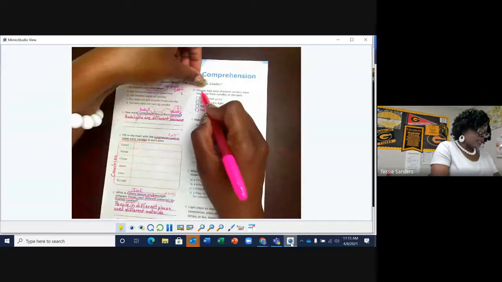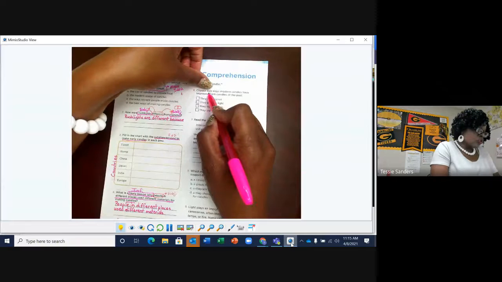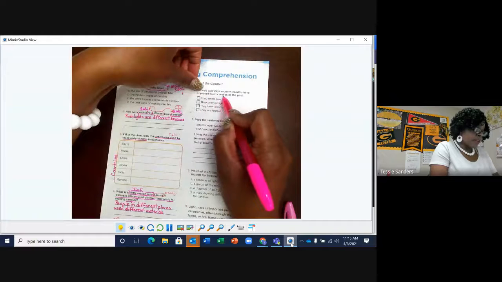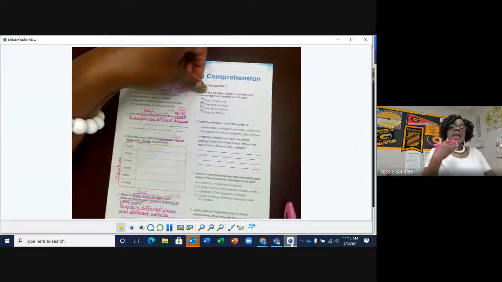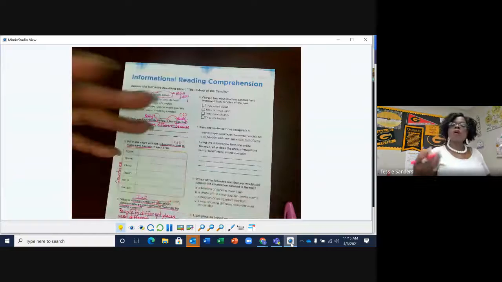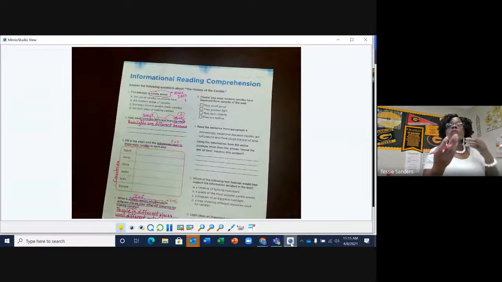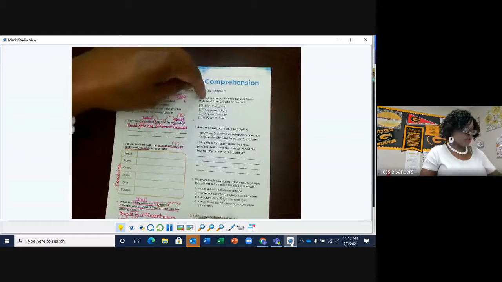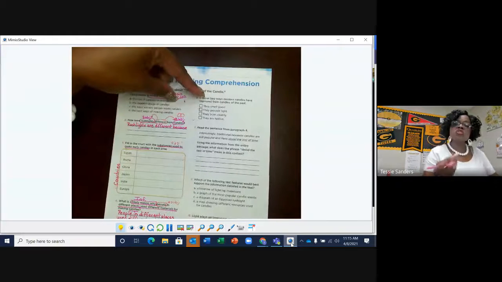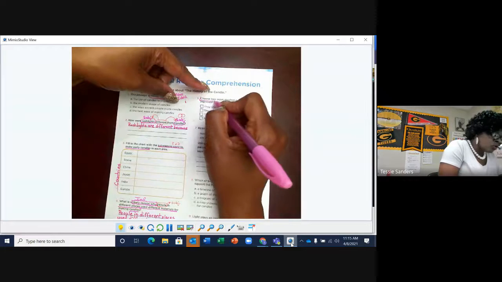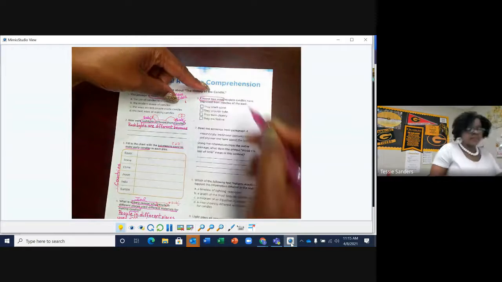Take a look at number 6. Read. Choose 2 ways modern candles have improved from candles of the past. What does the author want us to do here? Choose. What's our verb? We must do something. We must choose how many ways? Choose 2 ways.